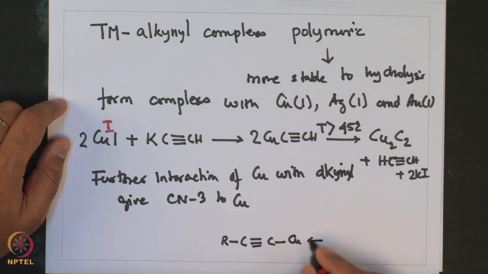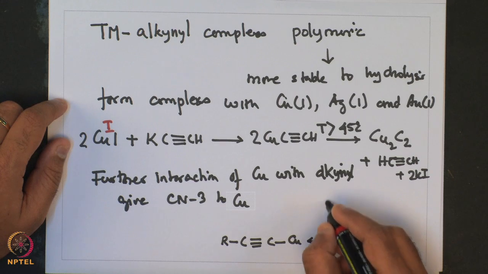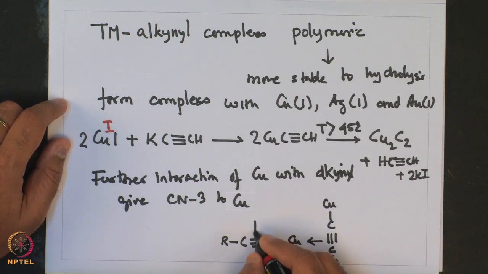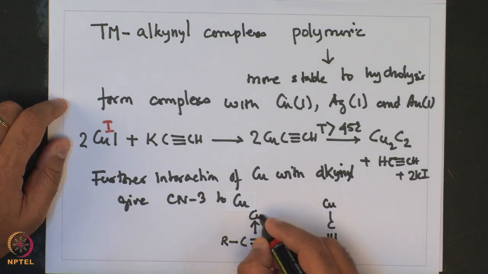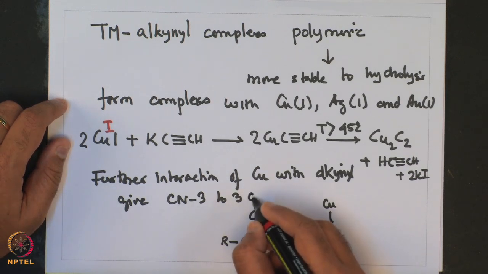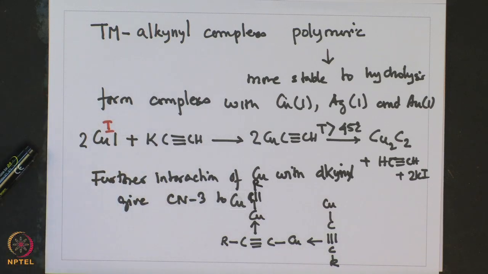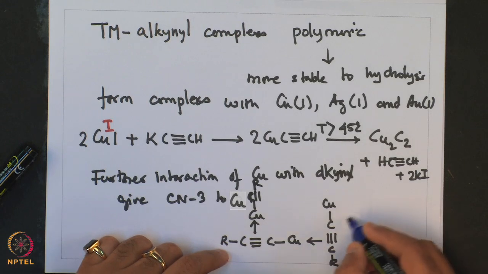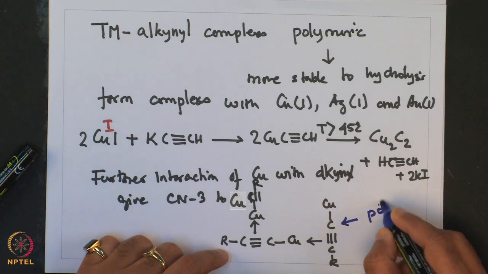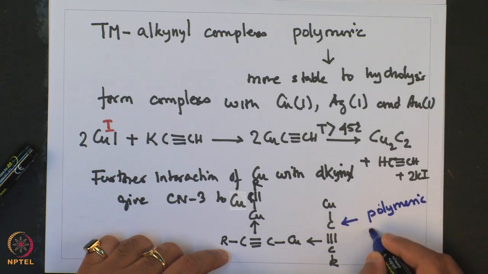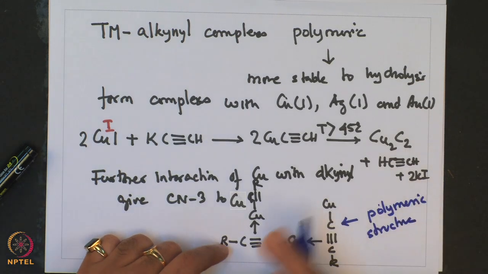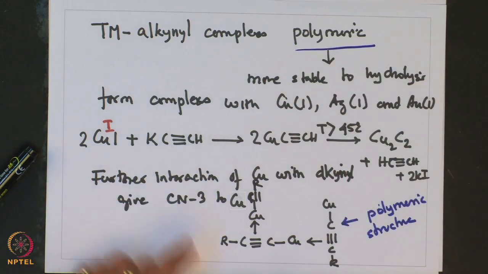Now, this copper interacts with the pi bond of another acetylide moiety, and this pi bond now interacts with another copper acetylide moiety. So, what is seen over here is that such kind of interaction leads to a polymeric structure of this compound, as was discussed over here.